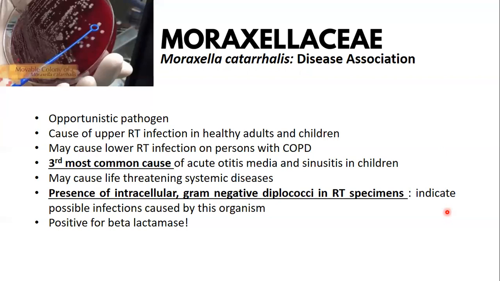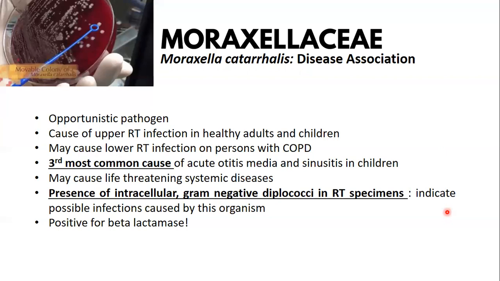However, in some healthy adults and children, this opportunistic pathogen may cause upper respiratory tract infections and may cause lower respiratory tract infections among persons with chronic obstructive pulmonary disease.